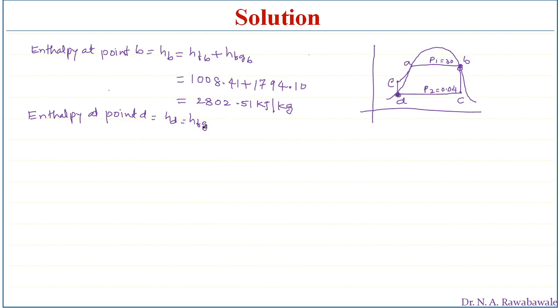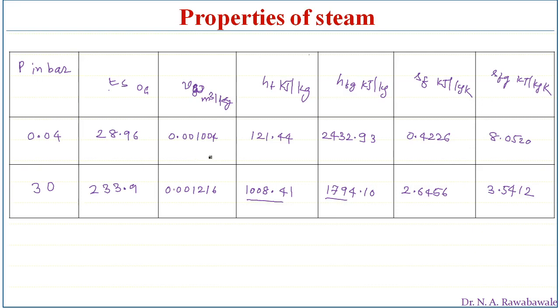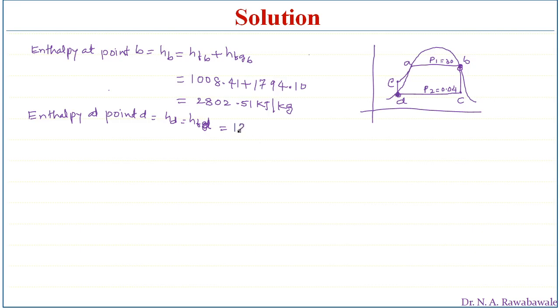At point D pressure is 0.04 bar. HF at 0.04 bar is 121.44 kilojoules per kg. So enthalpy at point D is also known to us now.